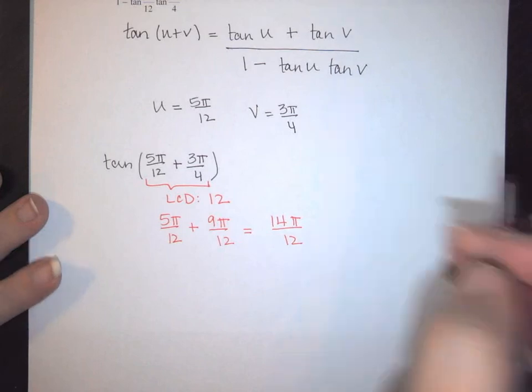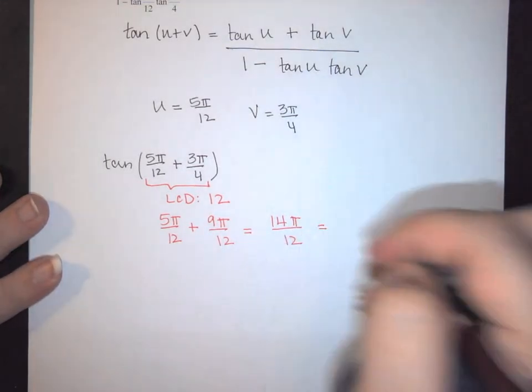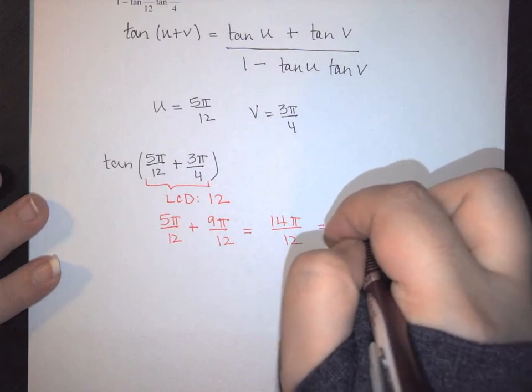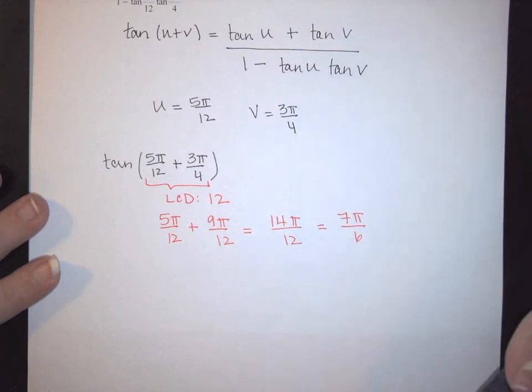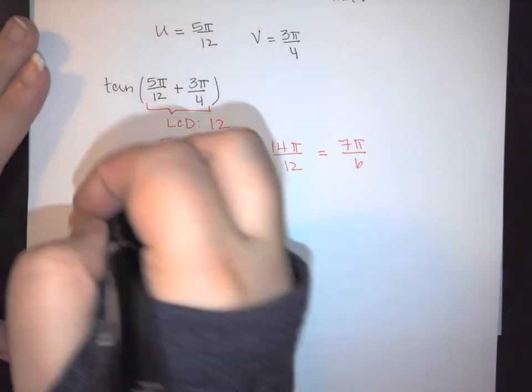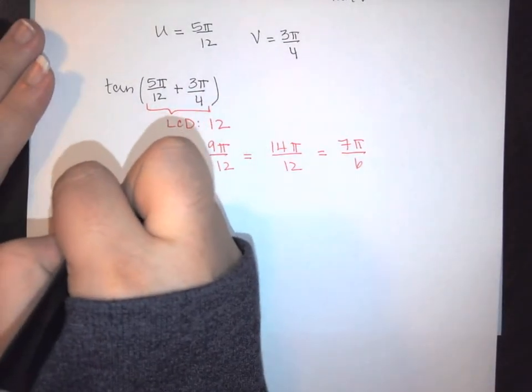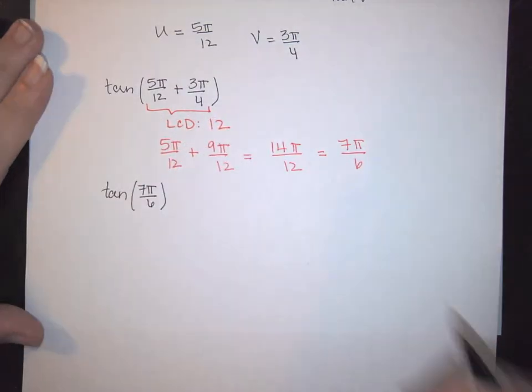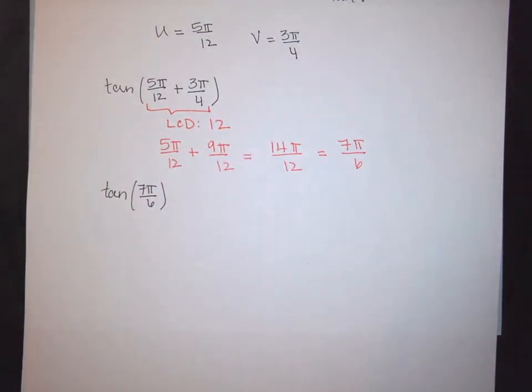We need to reduce these, so we can divide each by 2, and we end up with 7 pi over 6. So here what we actually have to work with is the tangent of 7 pi over 6.